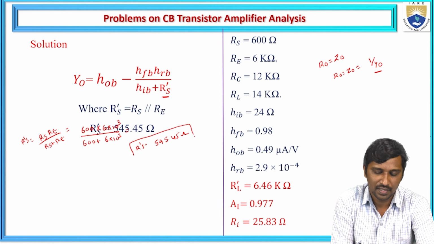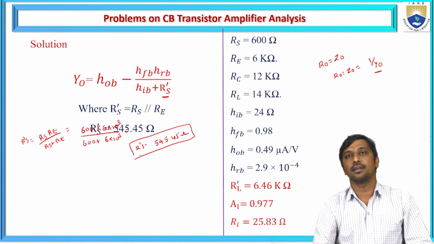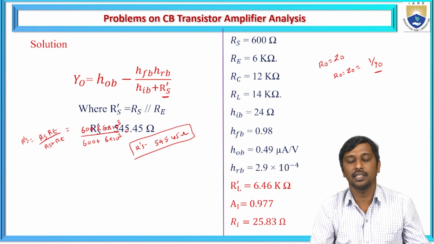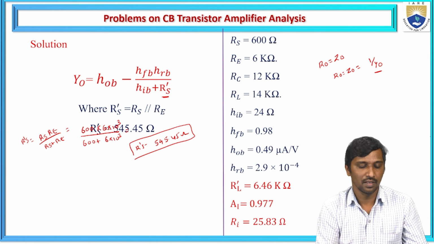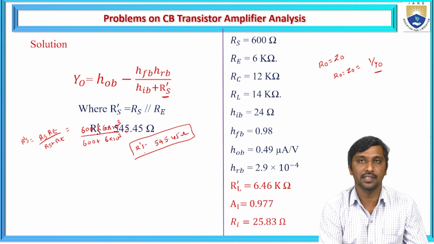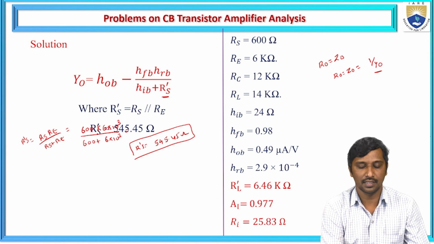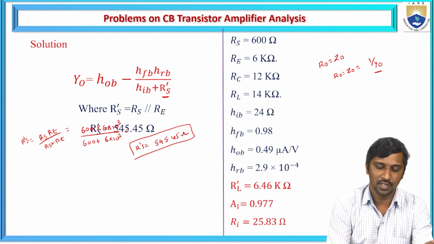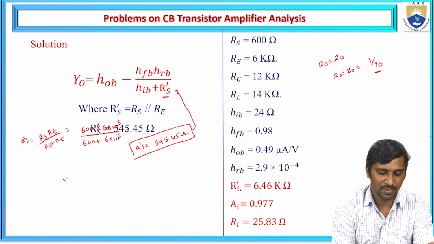And we know that if two unequal resistances are in parallel combination, the result is always close to the smaller resistance value. Here the smaller resistance is the 600 ohm, so the result is near that value. Hence, R dash S is equal to 545.45 ohms. Now we need to substitute here to determine this Y naught.